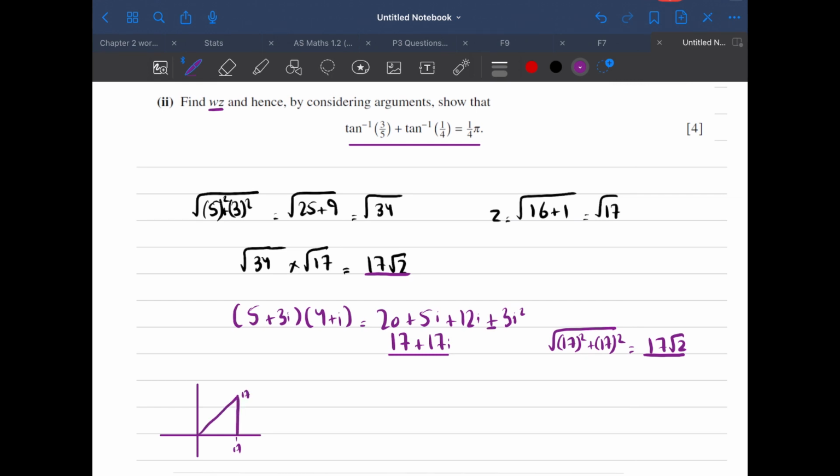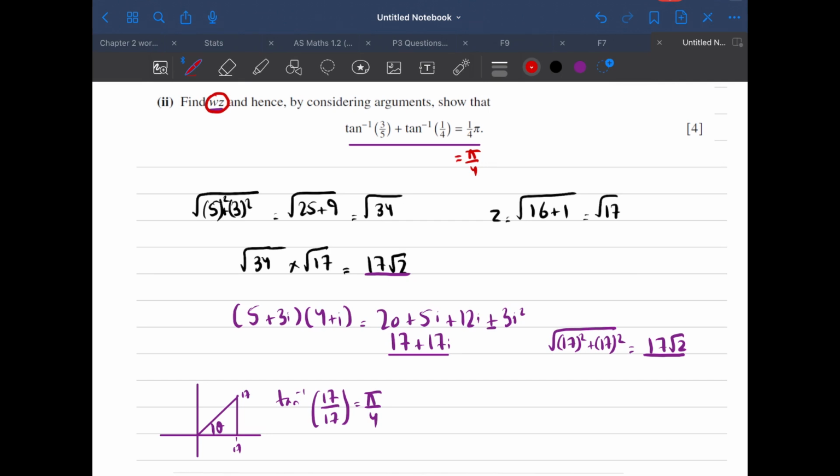The argument will be tan inverse 17 upon 17, tan inverse 1, that's pi upon 4. So first multiply them, find their argument and write it on the side.